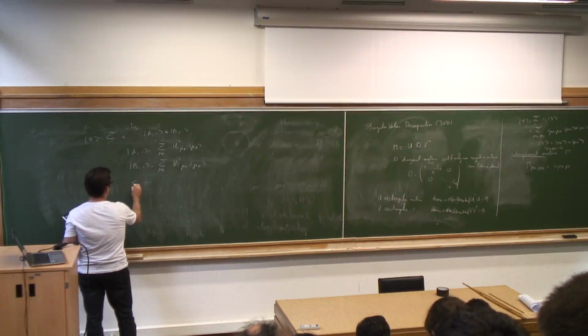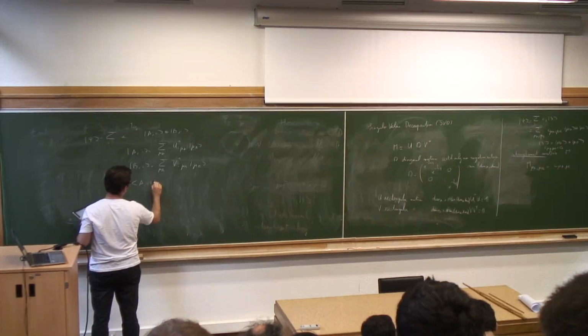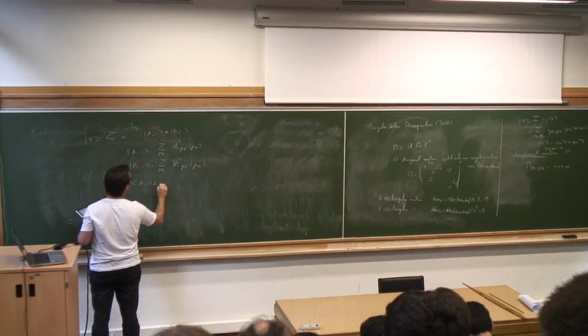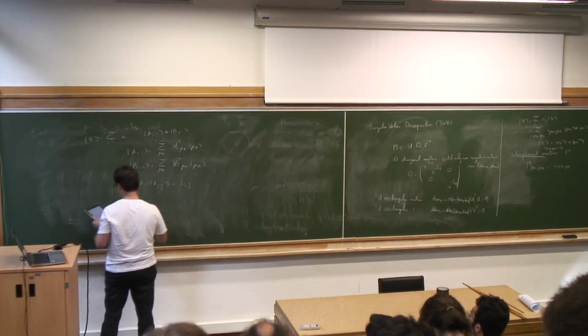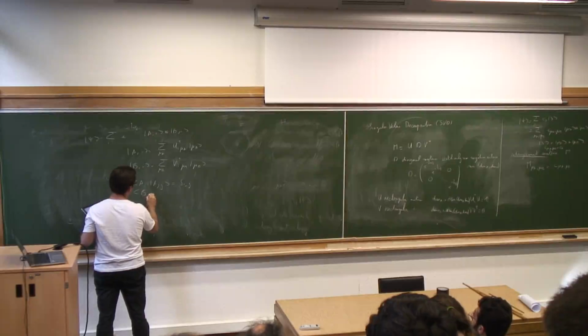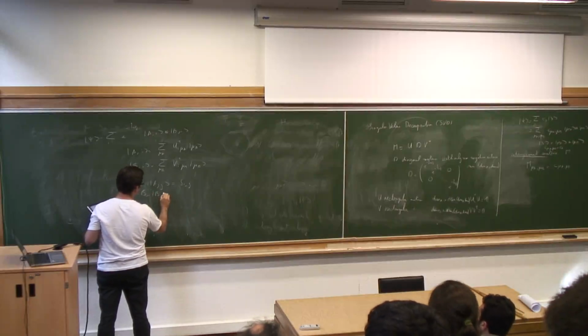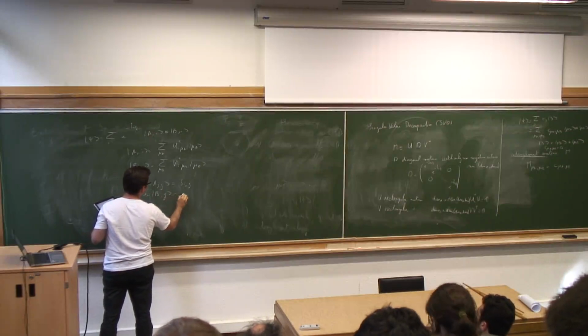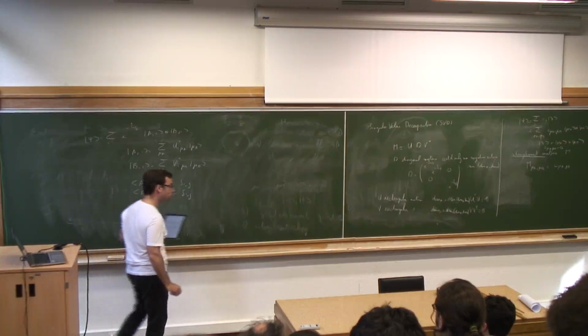And they satisfy the following property. They are orthogonal, so A_i A_j is equal to delta_ij, and B_i B_j is equal to delta_ij.